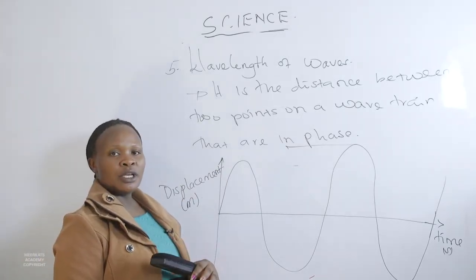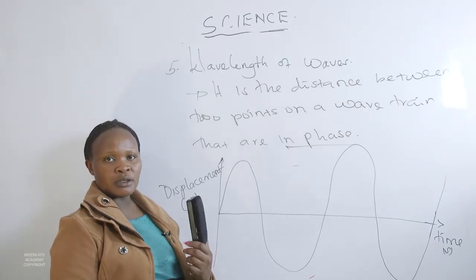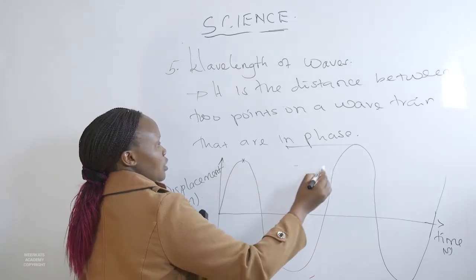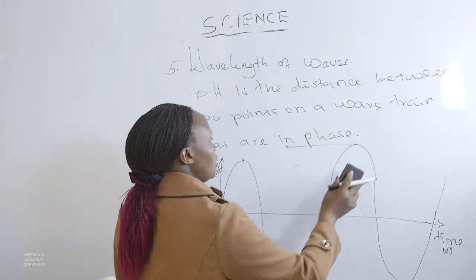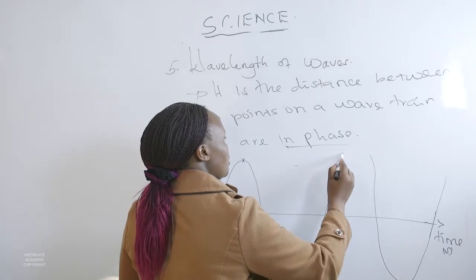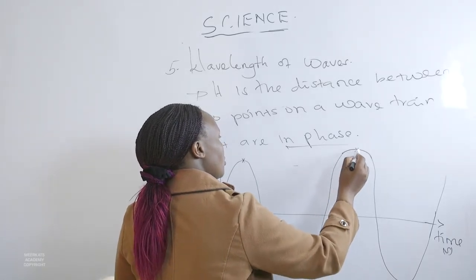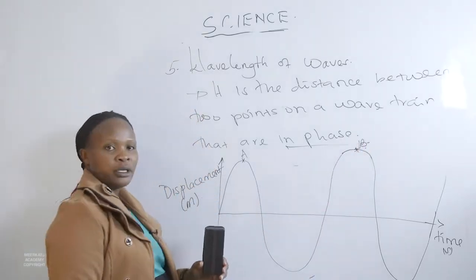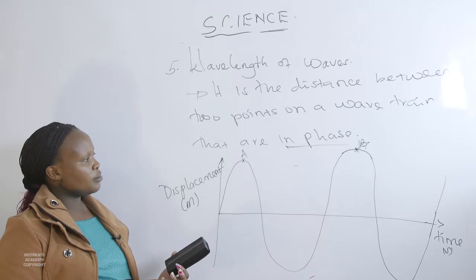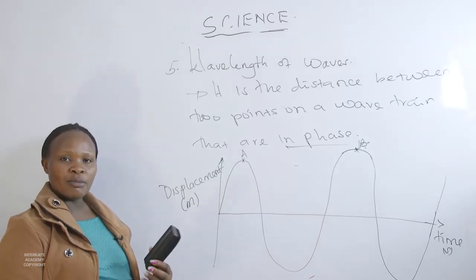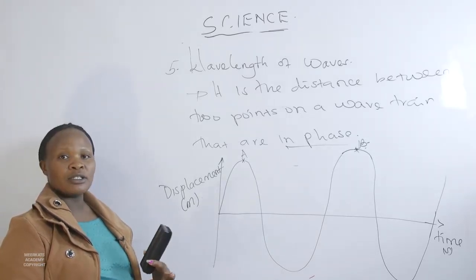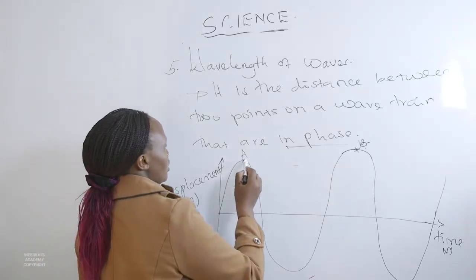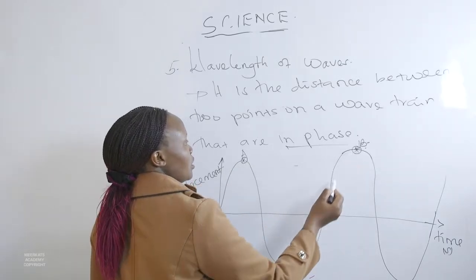Now, we can locate 2 points which are in phase. For example, if you look at points A and B, you find that both of them are at the maximum height of a crest.